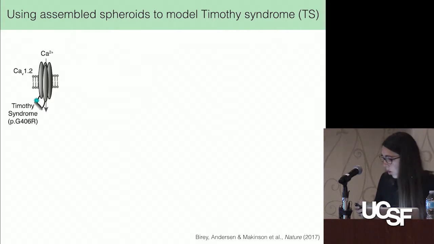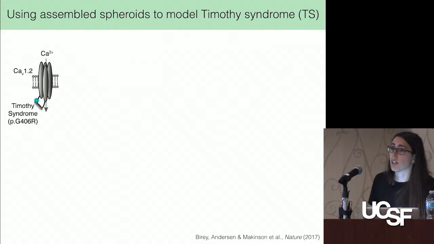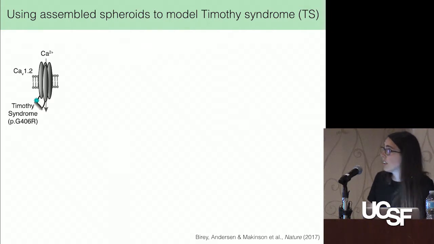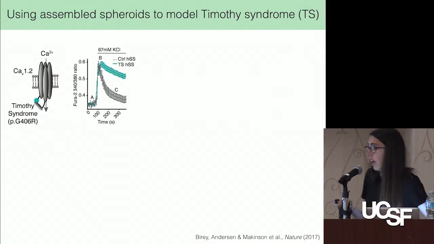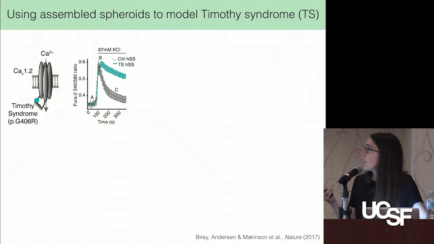It's caused by missense mutations in a subunit of an L-type calcium channel, CAV1.2. And what these mutations do, basically, is they cause a delay in activation of the channel.